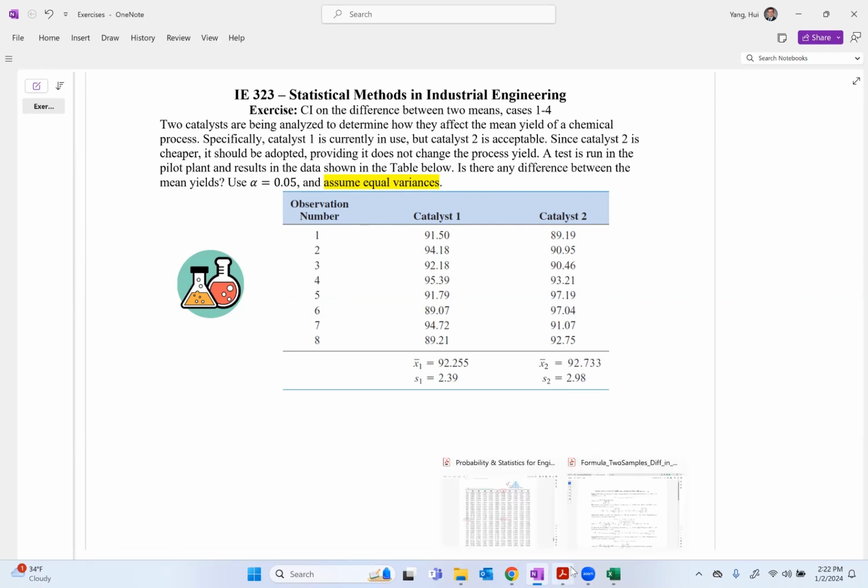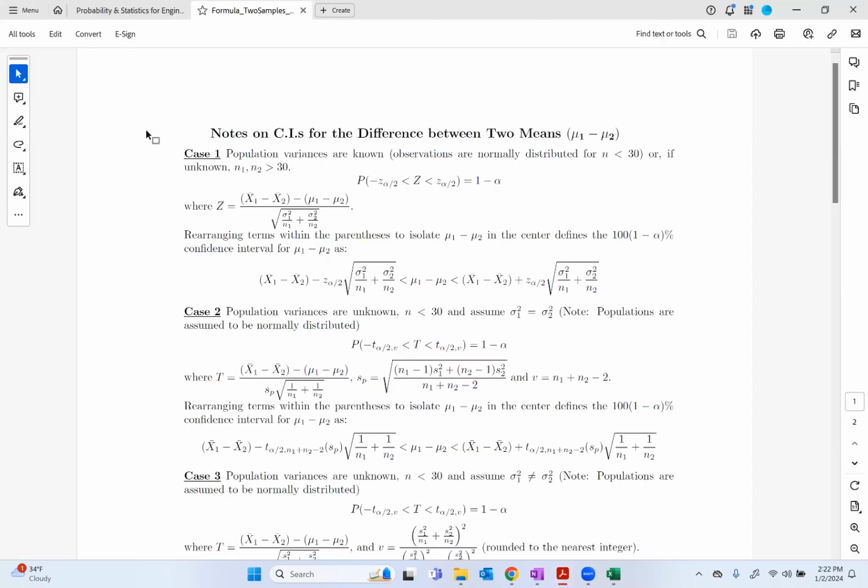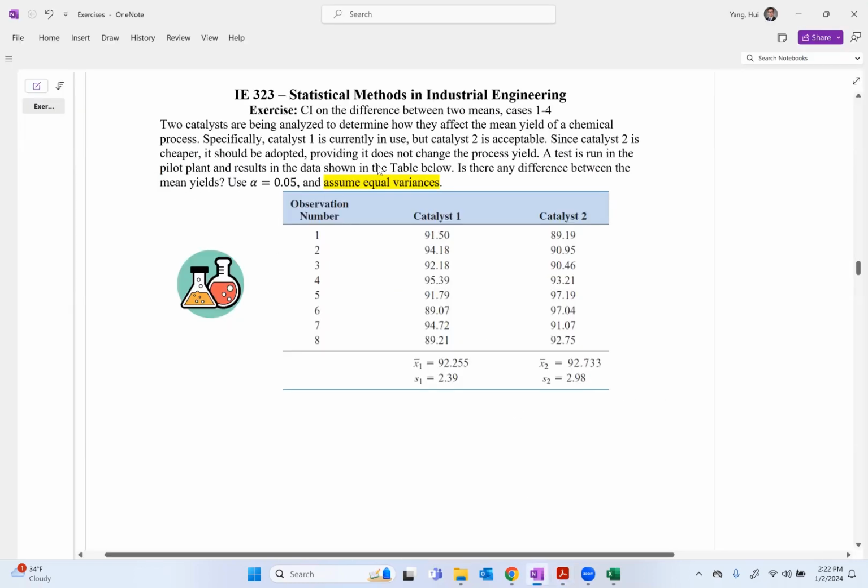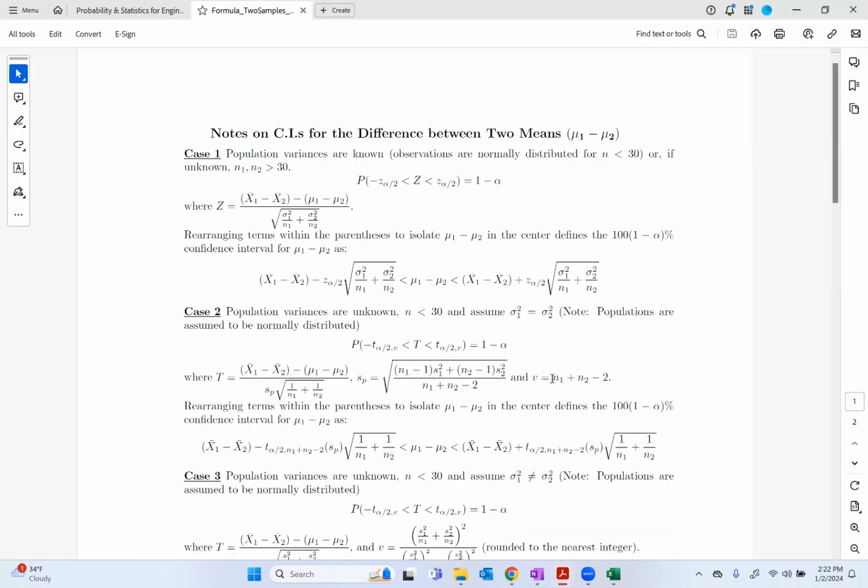If we look at the 4 cases, the first case is population variances are known. In the problem we just discussed, we don't know the population variance; sigma 1 and sigma 2 are not given. So we can only compute the sample variance. Case 2: population variances are unknown and we assume equal population variances of sample 1 and sample 2.